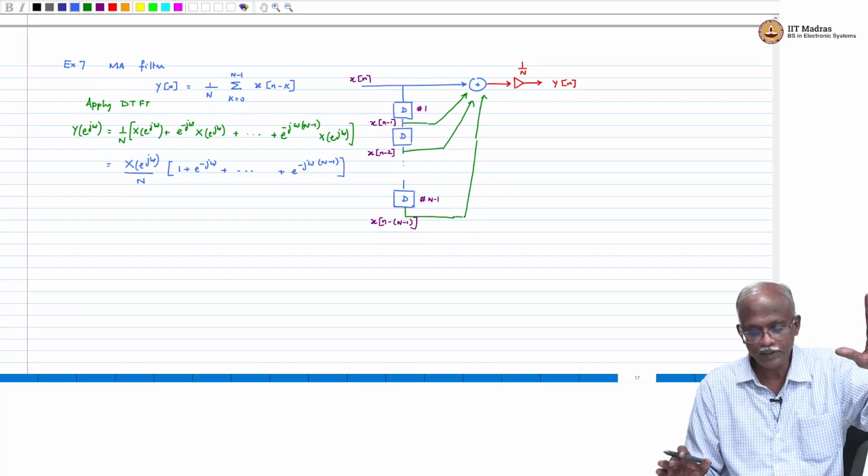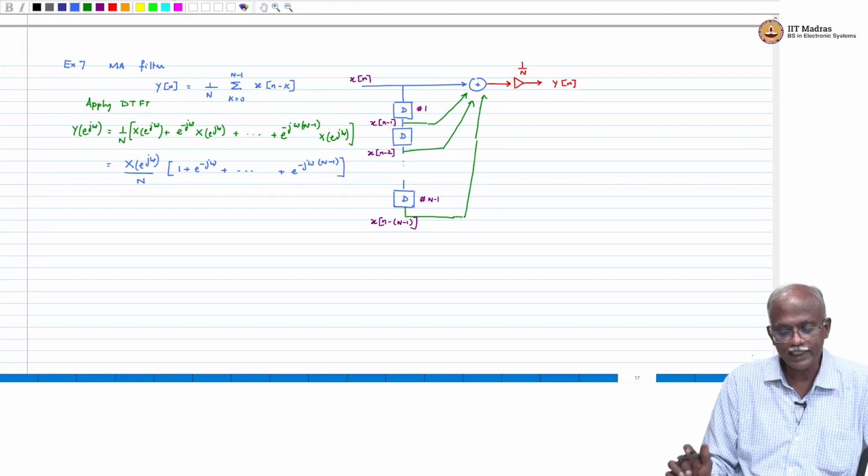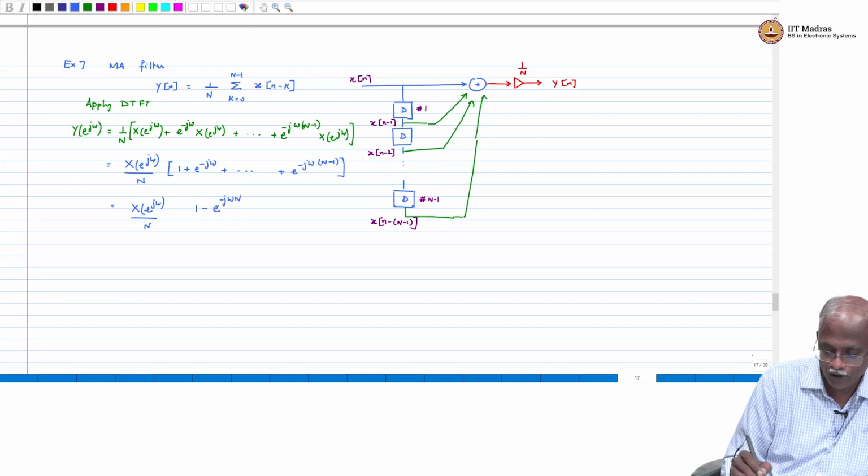Moving average filter, I wrote down the expression and then took the discrete time Fourier transform. So, now simplify this expression, you get X e power j omega divided by N, and on this side you get 1 minus e power minus j omega N, geometric series, over 1 minus e power minus j omega.